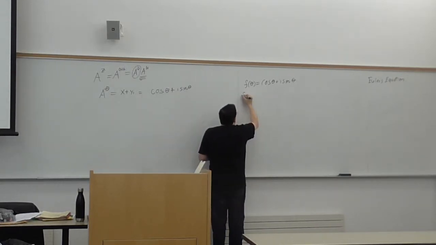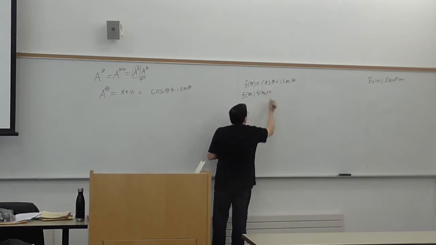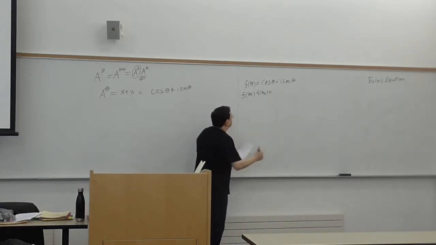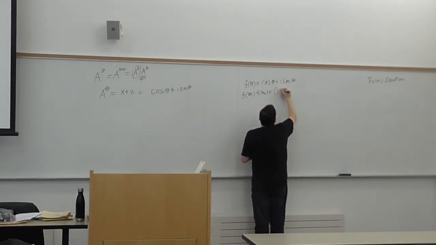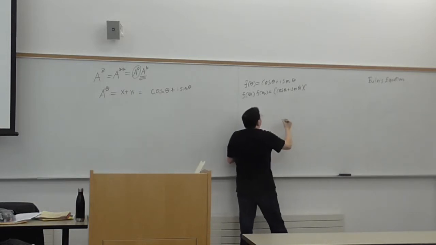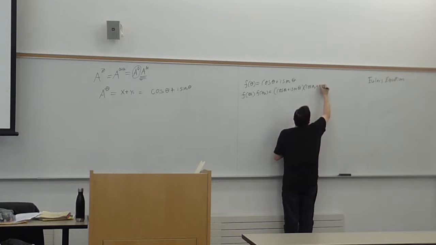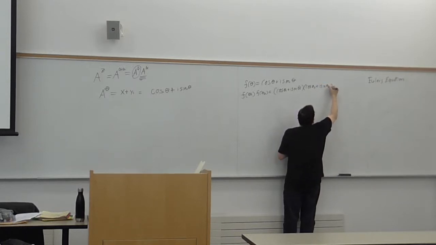So let's take a look at f of theta 1 times f of theta 2. f of theta 1 would be cosine of theta 1 plus i sine of theta 1. And f of theta 2 would be cosine of theta 2 plus i sine of theta 2.